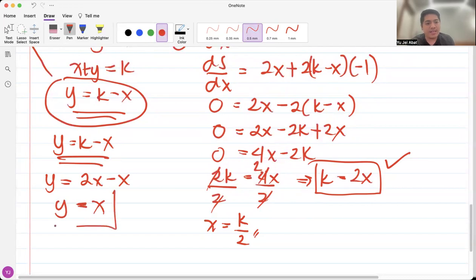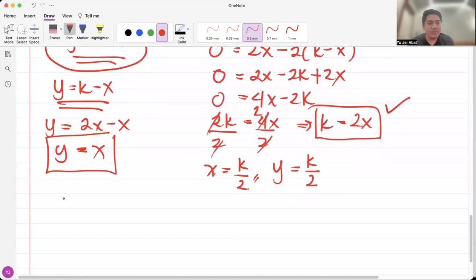So x equals y. So my y also will be k all over 2, because they are equal. It turns out that they are the same.